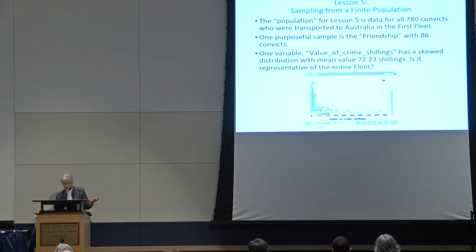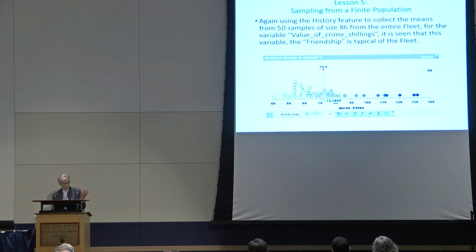So then our question is, is this typical of the whole fleet? They have to do random sampling of the whole fleet. They get 50 samples of size 86, the size of theirs, and then plot all that.